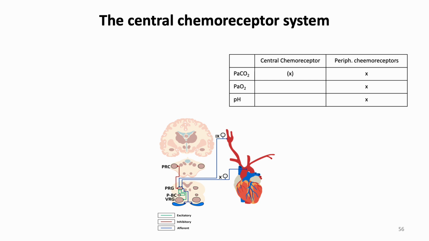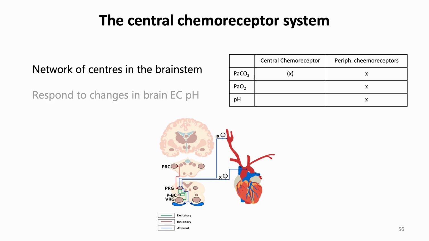And the pH inside the extracellular space of the brain is mainly determined by CO2 in the blood, because CO2 passes the blood-brain barrier in contrast to hydrogen ions and bicarbonate. If CO2 passes, it will reduce pH in the brain extracellular space, and that will stimulate the central chemoreceptor system, which will then increase ventilation and reduce PaCO2. That's basically how it works.